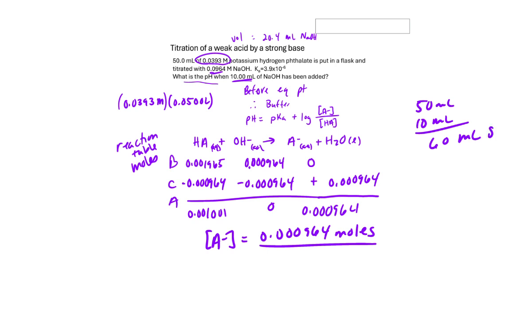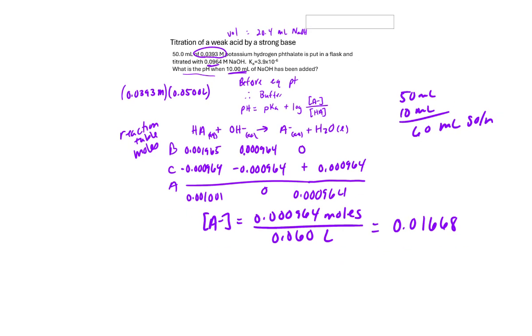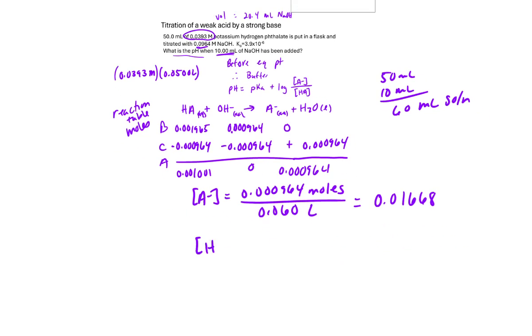So we have 60 milliliters of solution, or 0.060 liters. So the concentration of A minus is 0.01668. The concentration then of HA is the moles, 0.001001, divided by the volume, 0.060, and we get 0.01607 moles per liter for HA.